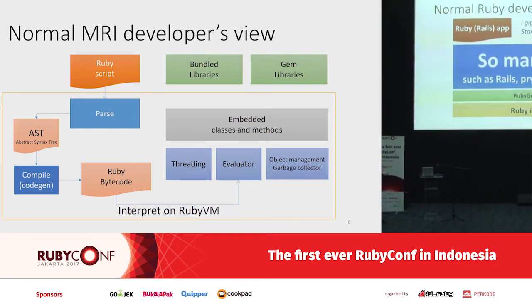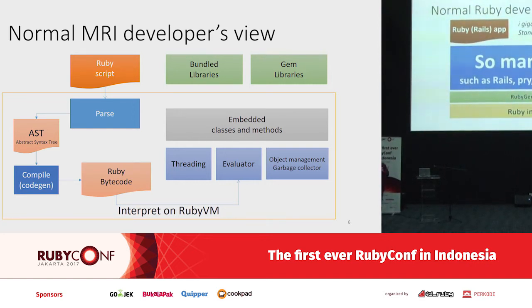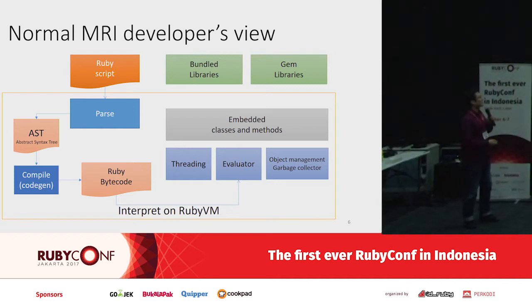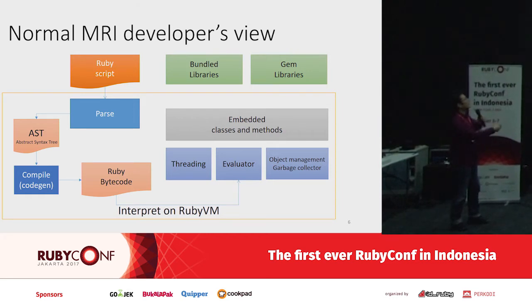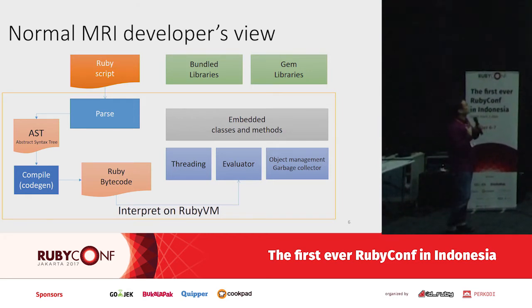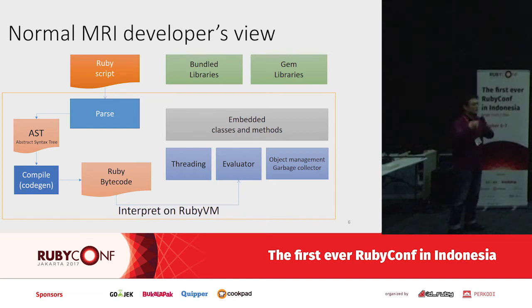Maybe this is a normal developer's view, I assume. But I'm not a Ruby programmer but an interpreter programmer, so this other view is my view. An MRI developer thinks every application, library, or framework is the same Ruby source code, and we consider how to execute the Ruby source code.